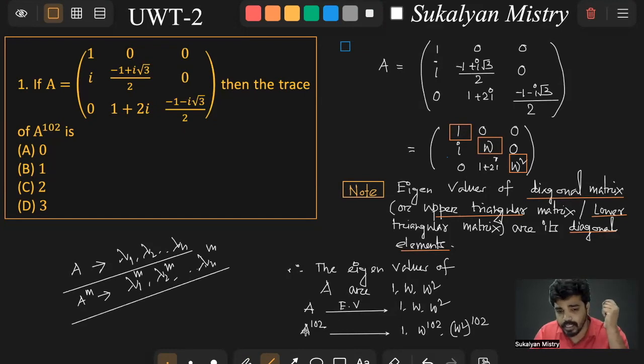So here just imagine this is m. Here it is given that the eigenvalues of A are 1, omega, omega square. So eigenvalues of A to the power 102 will be 1 to the power 102, that is 1, omega to the power 102 and omega square to the power 102, right? Clear?